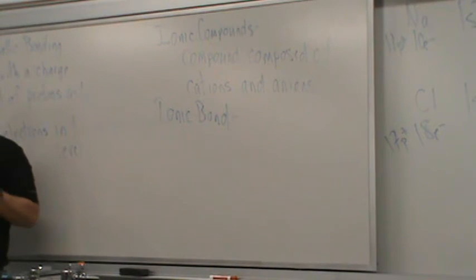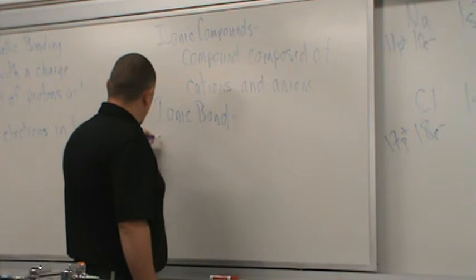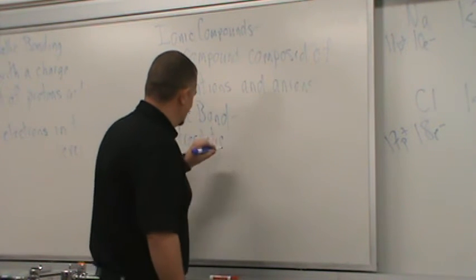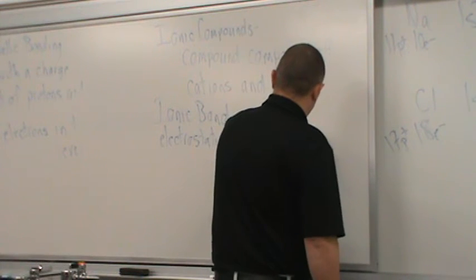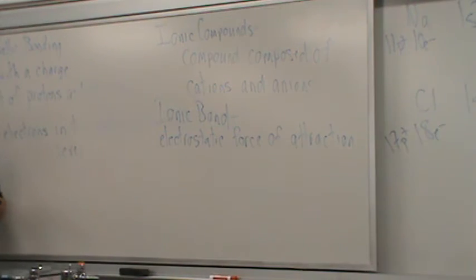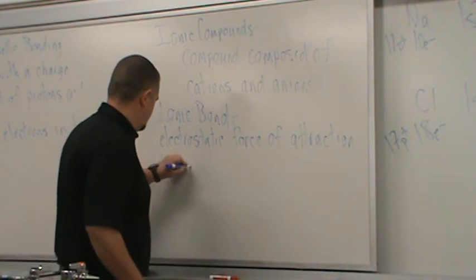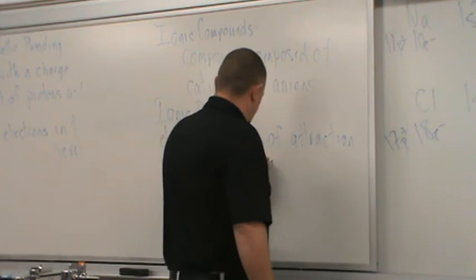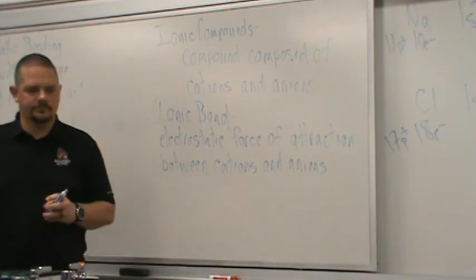Okay, so an ionic bond is an electrostatic force of attraction between cations and anions.